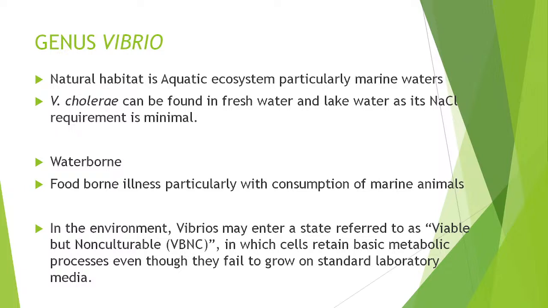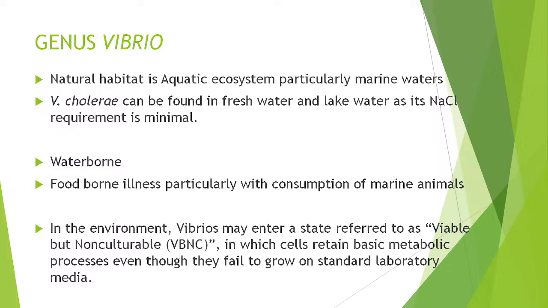One concept with Vibrio is that in their natural habitat, they reside in a state called VBNC, that is viable but not cultivable. They exist in this form in which the cells retain certain basic metabolic processes, but if you directly culture them on plated media, they will not be able to grow.